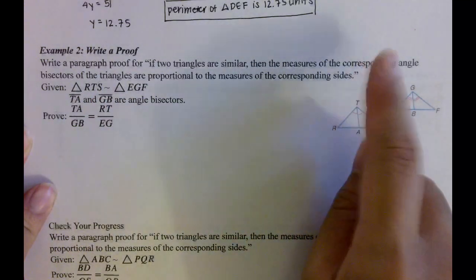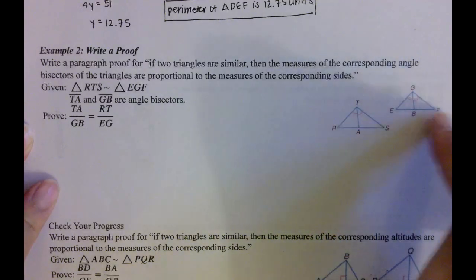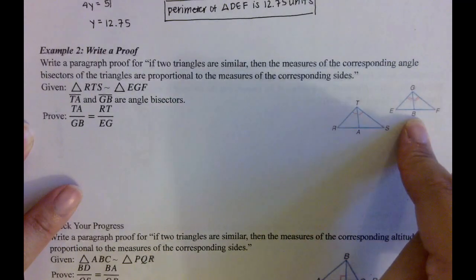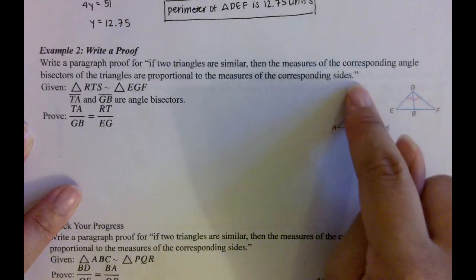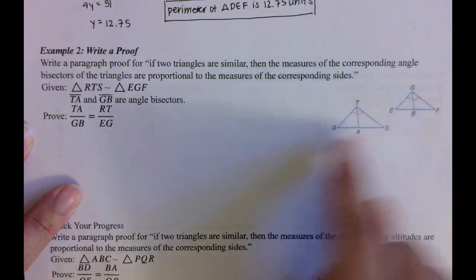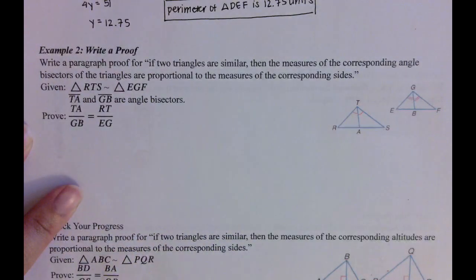We're doing it for angle bisectors. Triangle RTS we know is similar to triangle EGF. TA and GB are angle bisectors. We are going to prove that TA over GB is equal to RT over EG. So let's get started.